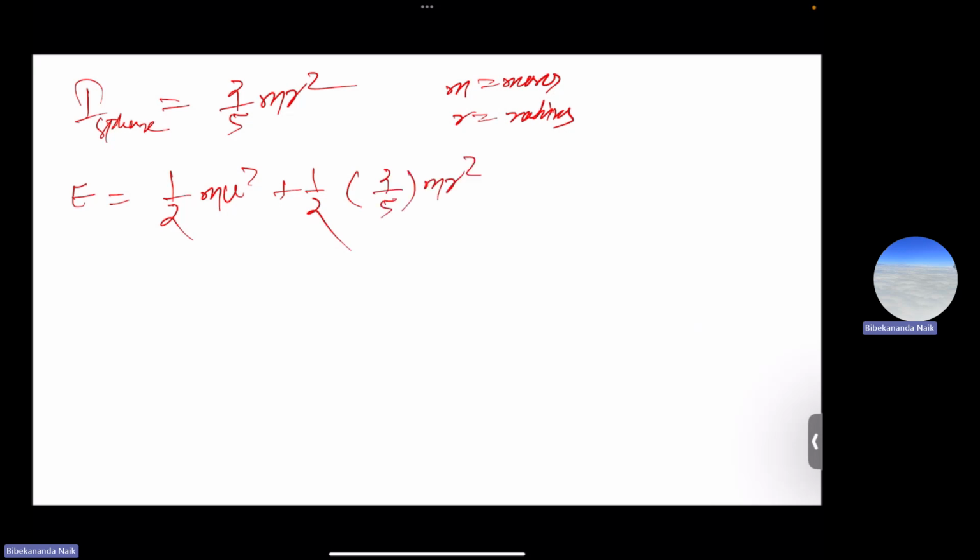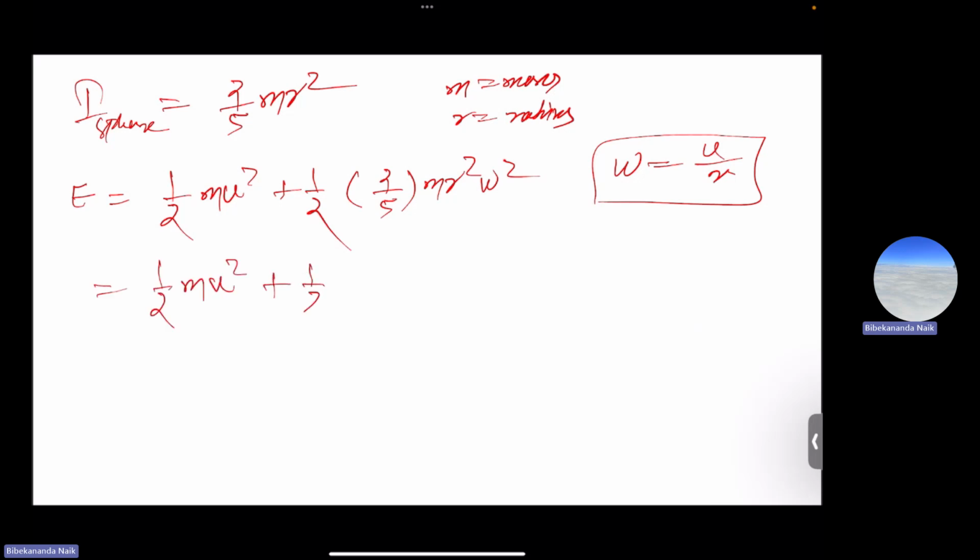So total energy will be E half mu square plus half I is 2 by 5 m r square, omega is u by r. So omega square, we can write half mu square plus half 2 by 5 m r square u square by r square.